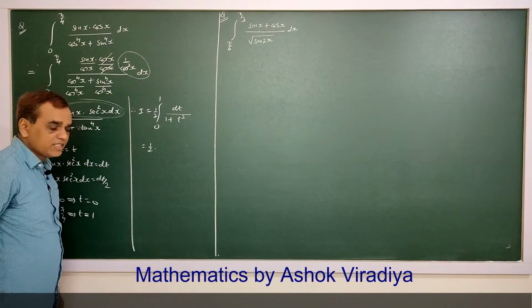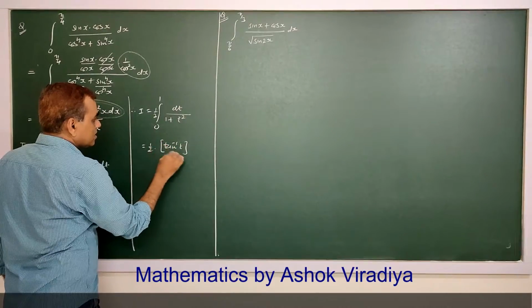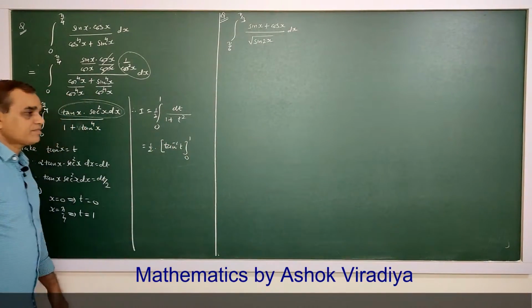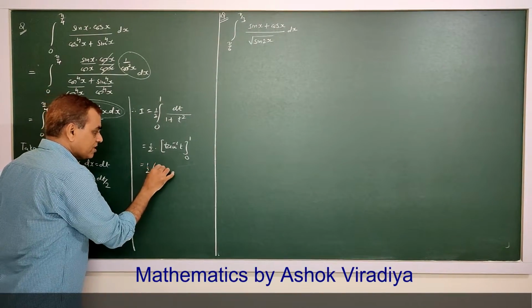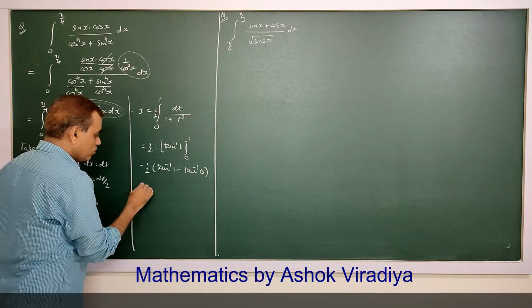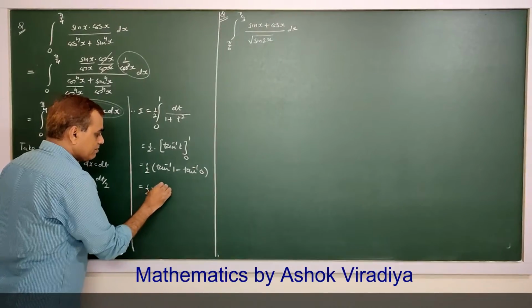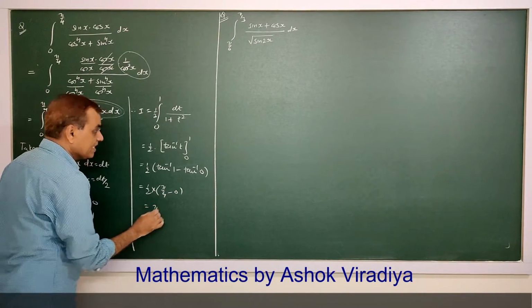Now its integral is tan inverse t, 0 to 1, that is 1 by 2 times tan inverse 1 minus tan inverse 0. So this is pi by 4 minus 0, so the value is pi by 8.